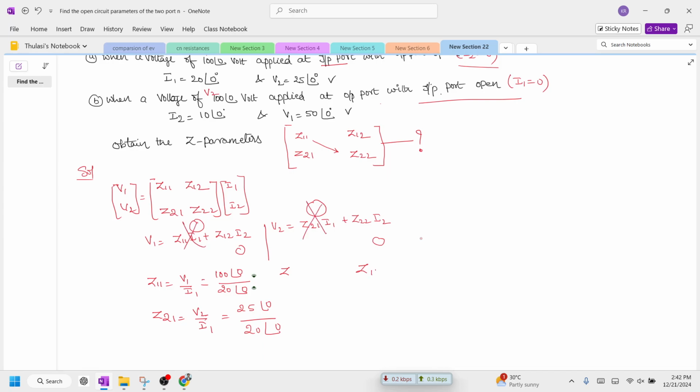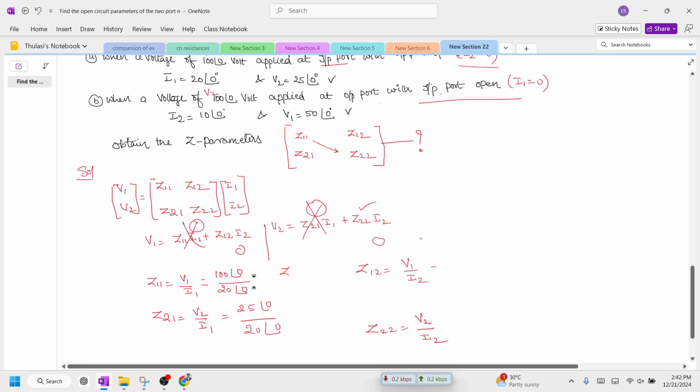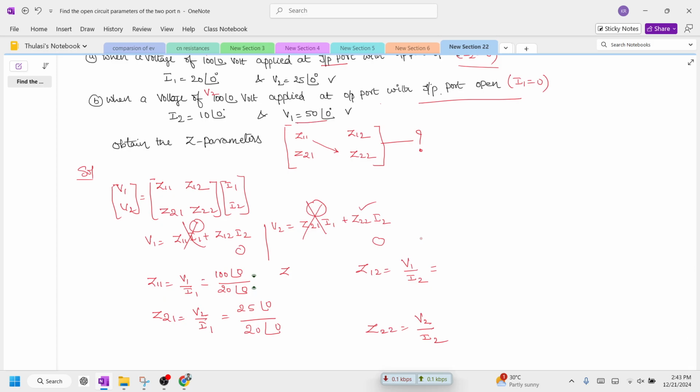Therefore, Z12 is equal to V1 by I2, and Z22 is equal to V2 by I2. Here we require V1 by I2. What is the V1 value given in the problem? 50 at an angle 0. I2 given is 10 at an angle 0.